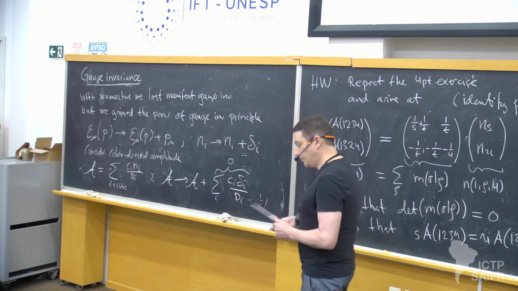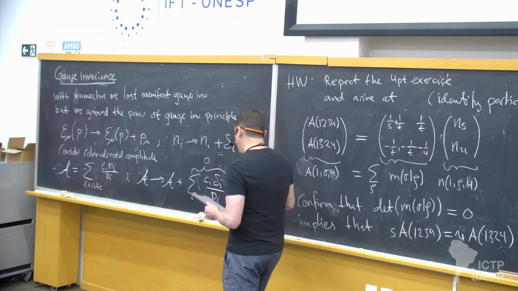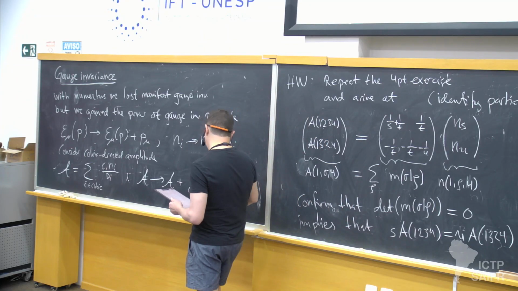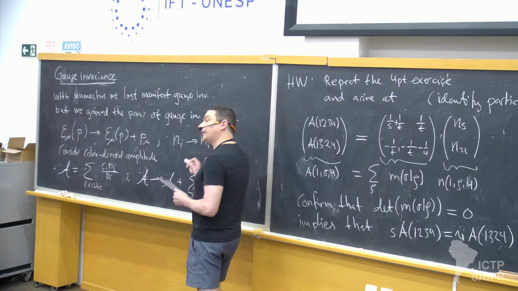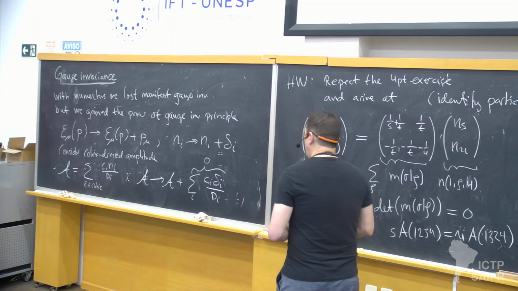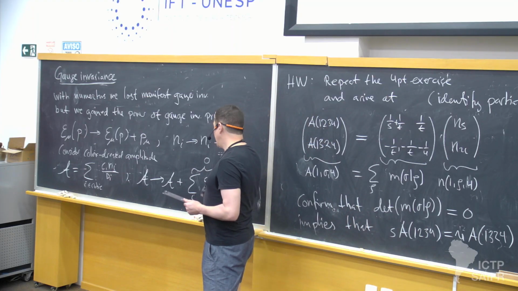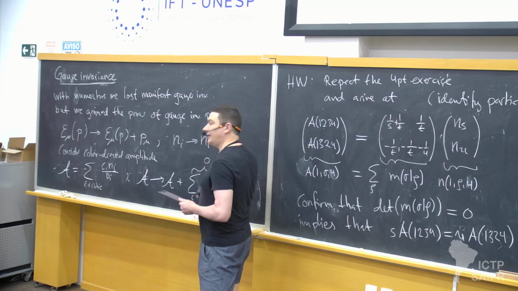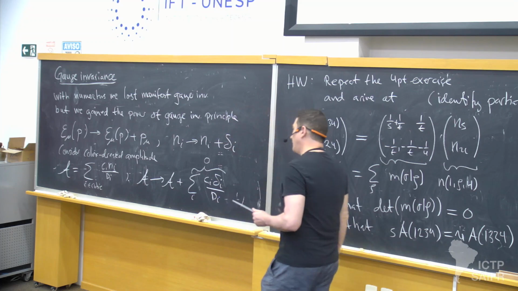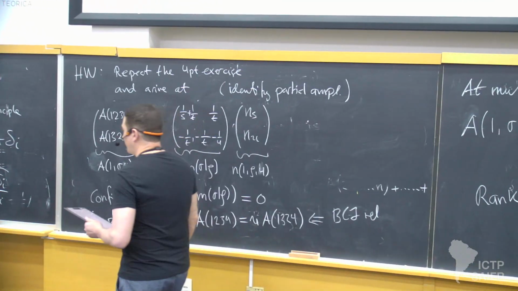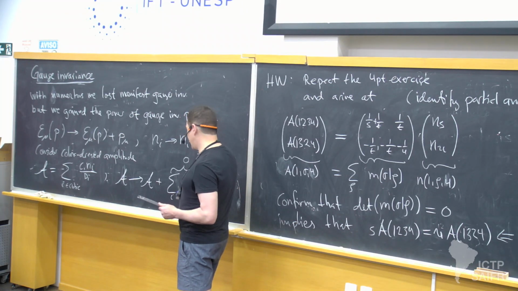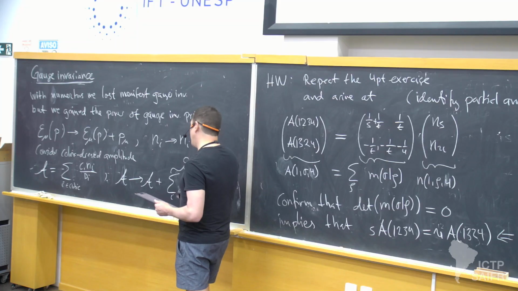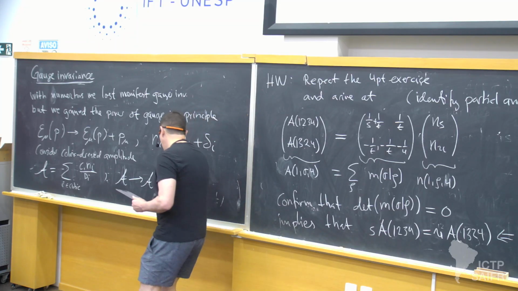But why is it 0? Well, first of all, the delta I's might have some special form, but it's also 0 because these color factors here are actually not independent. If the color factors were independent, then it could only be 0 if delta I is 0. But we also know that delta I cannot be 0, because that would contradict numerators transforming under gauge transformation. So the only way it can be 0 is because we are working in an overcomplete basis of (2n-5) double factorial, which is the number of cubic diagrams.